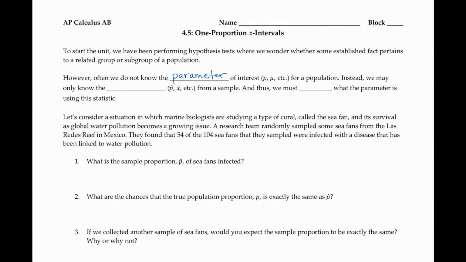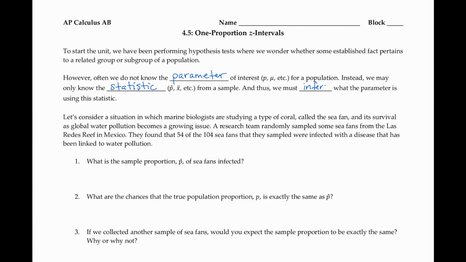Instead, what we may only know is the statistic from a particular sample, p hat, x bar, et cetera. So in this case, we must infer what the parameter is for the whole population based on only our sample statistic. So this is a different way to do some inference.